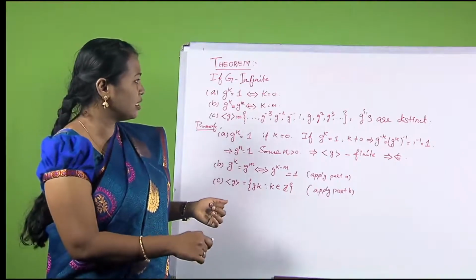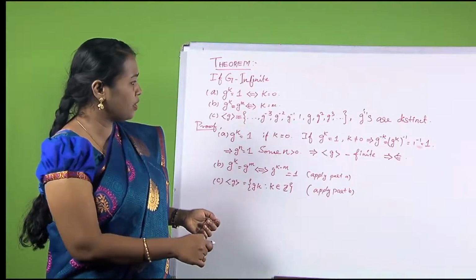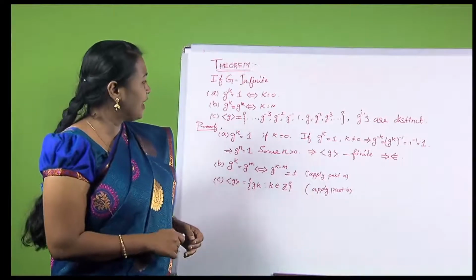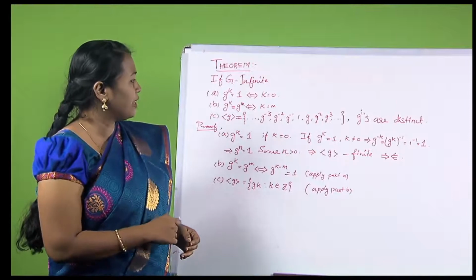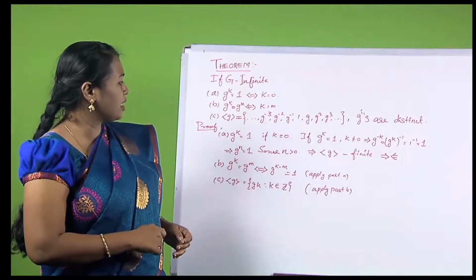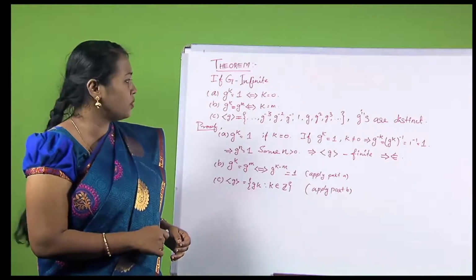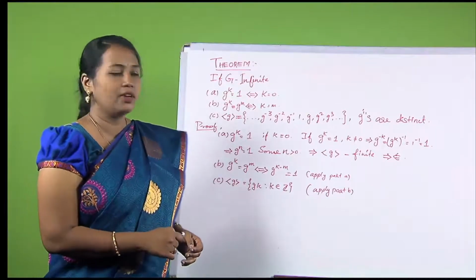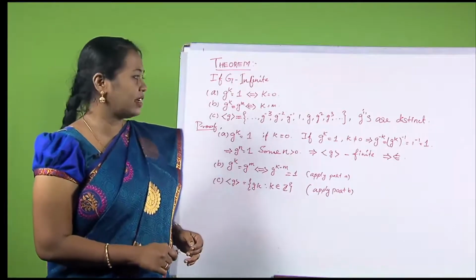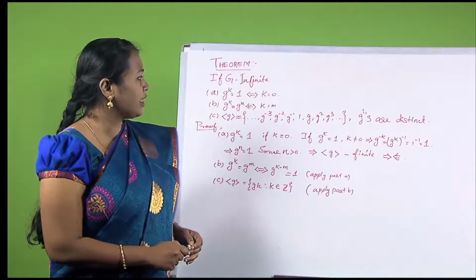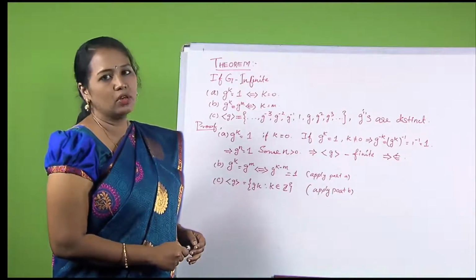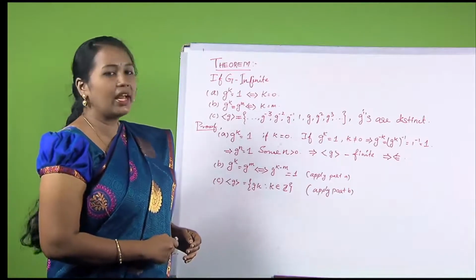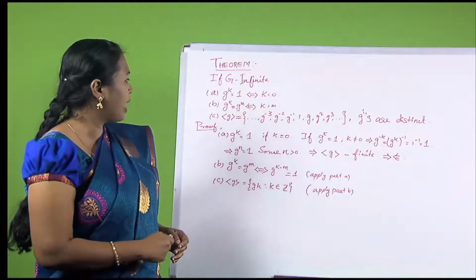This is the conclusion that we make from here, but this will violate the condition that g is infinite, because when you have g power n is equal to 1 for some n greater than 0, this will imply that g is finite, and hence a contradiction arises, and therefore, our assumption that k is not equal to 0 does not hold. So, k only has to be 0.